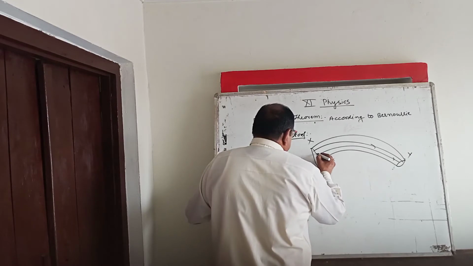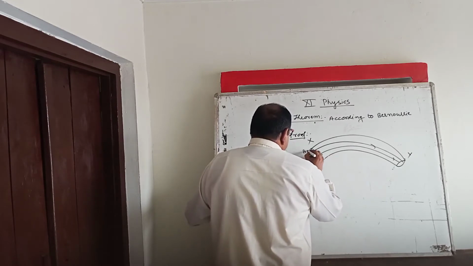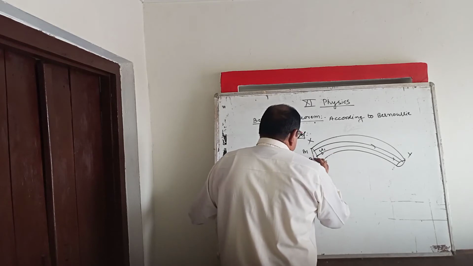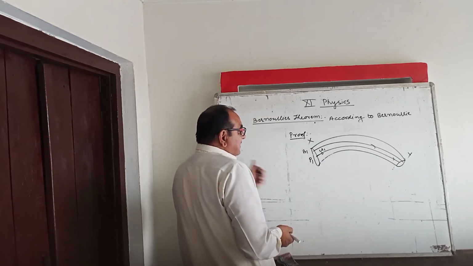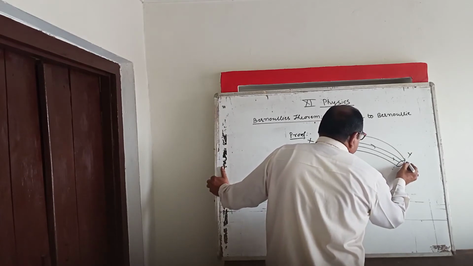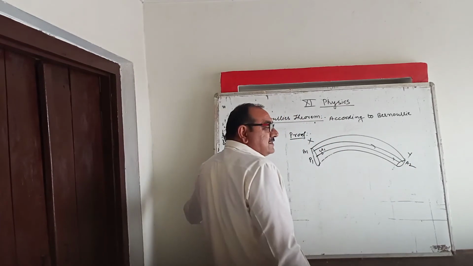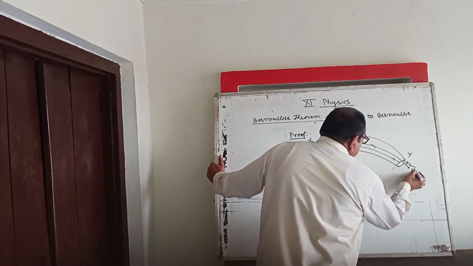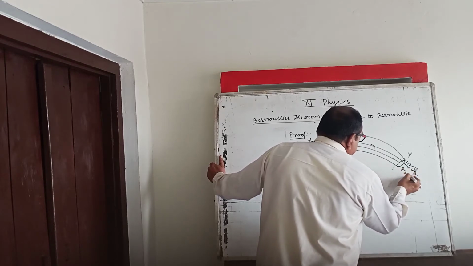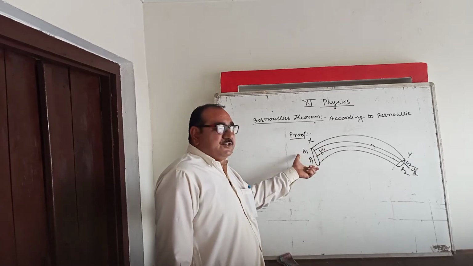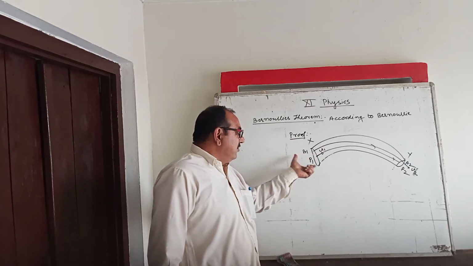Let the cross-sectional area be A1, speed V1, and pressure P1 at the end X. Similarly, here area of cross section is A2, velocity is V2, and pressure is P2. The liquid is flowing in this tube in streamline flow.